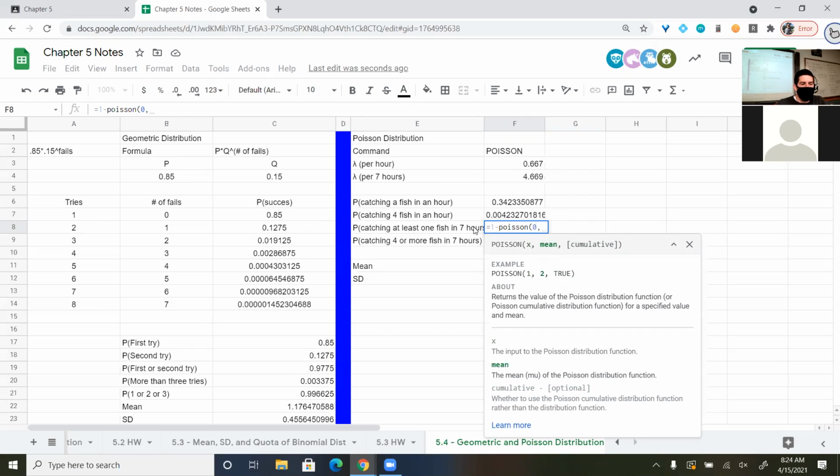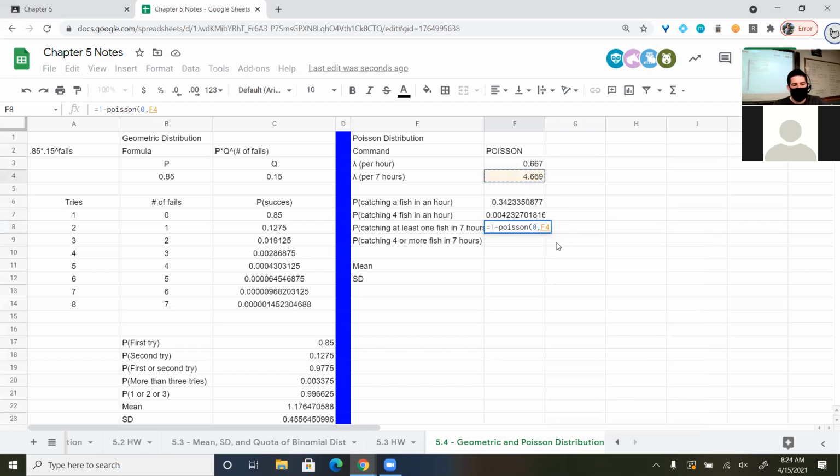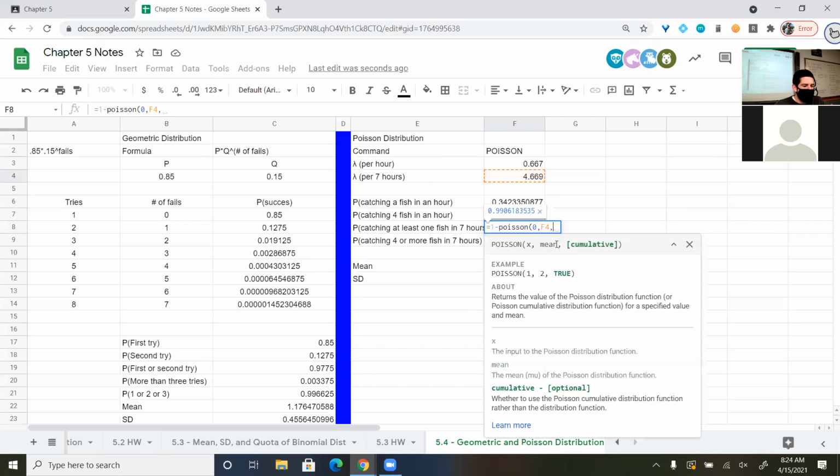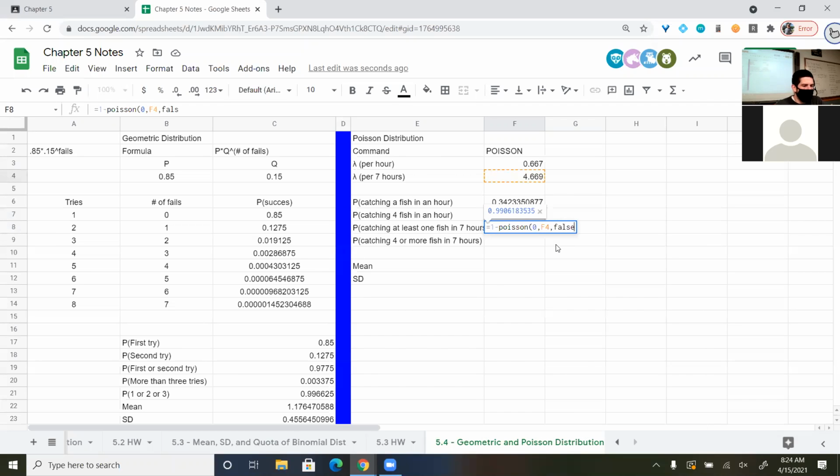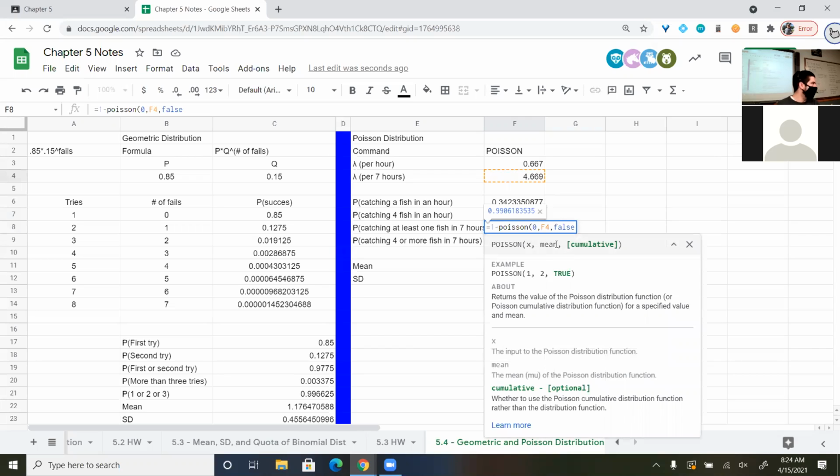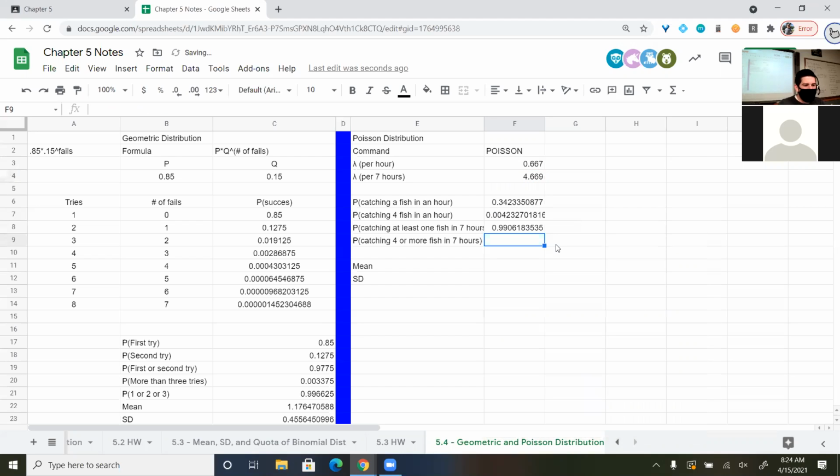The expected number, again, we're gone for 7 hours, so now I'm going to use the 4.669 number. And for this one, the false and true doesn't matter because counting down from 0 or at 0 would be the same thing. And so there is a 99% chance that if you go out for 7 hours, you're going to catch at least one fish.